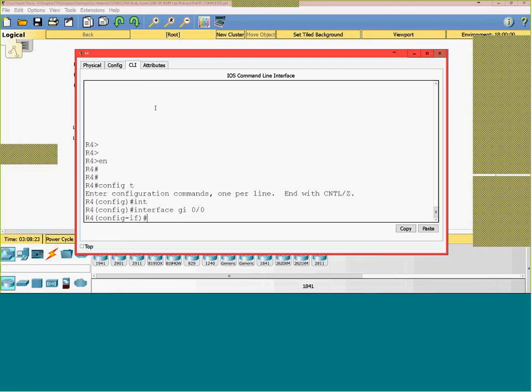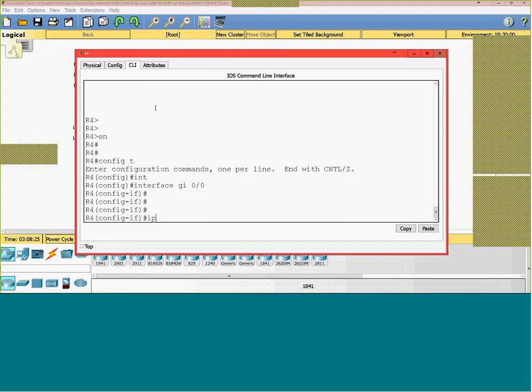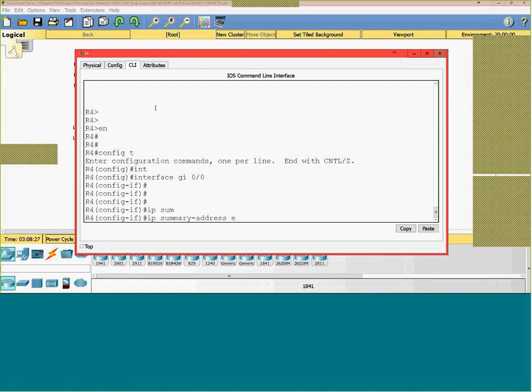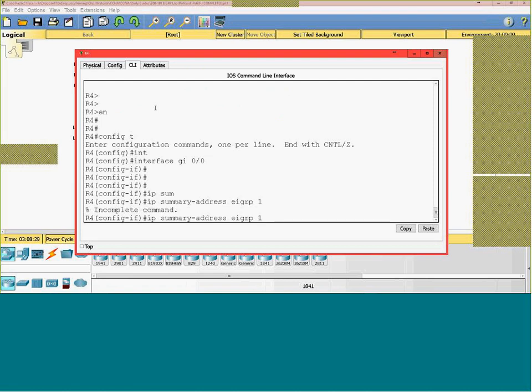All right, so I'm going to come back in router 4. I'm going to say ip summary-address eigrp 1. So I'm creating a summary route for EIGRP 1, 10.4.4.4, 255.255.255.252. We don't use wildcard masks for summaries. Now, why did I choose that particular mask?